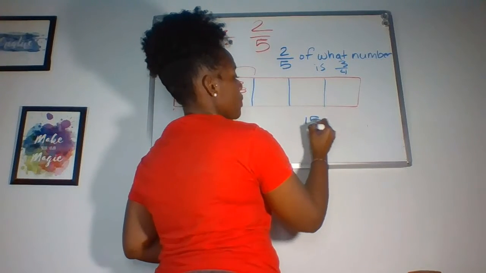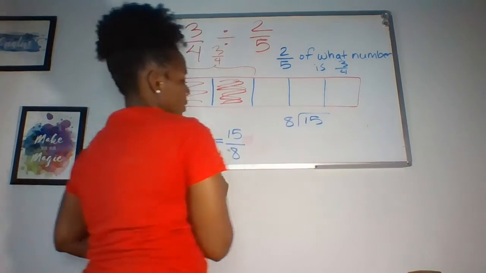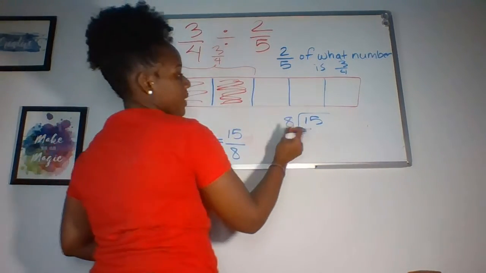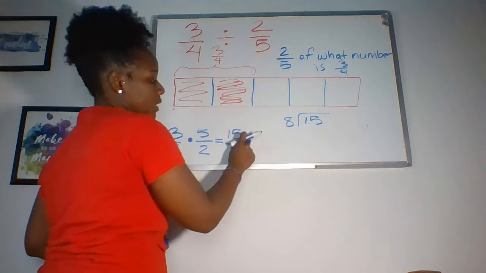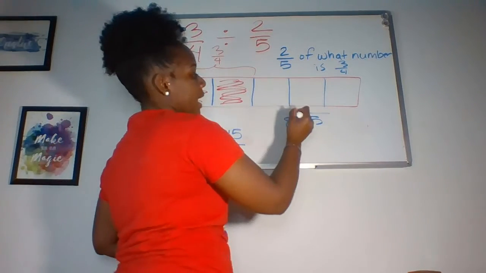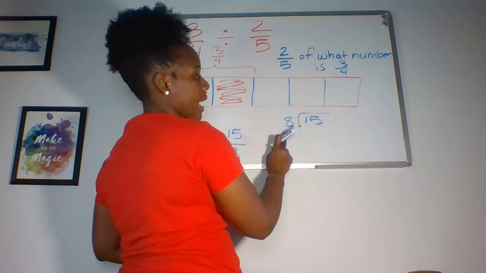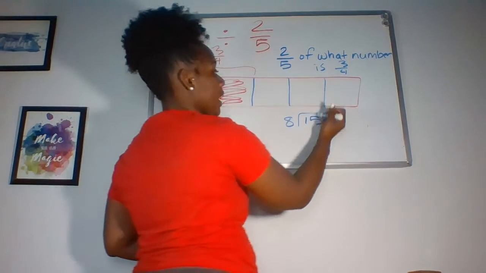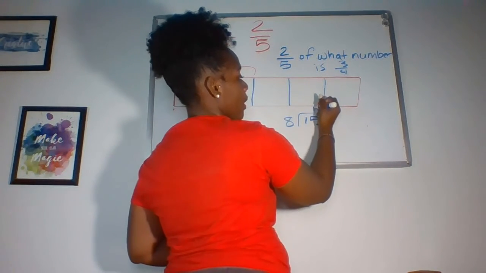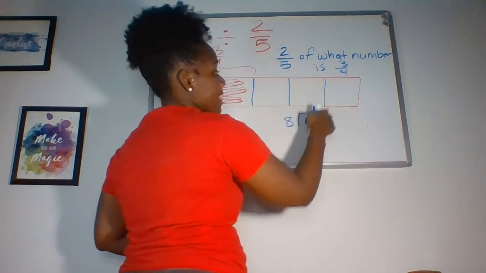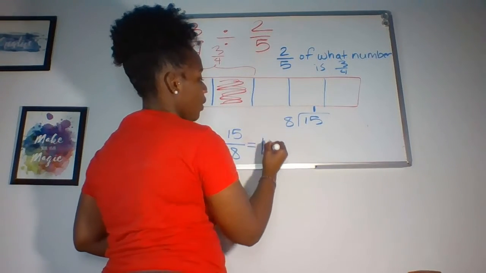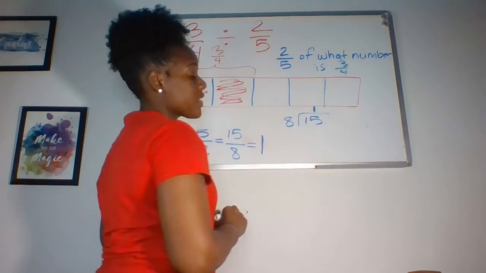How do you take an improper fraction and make it into a mixed number? You take the divisor and put it on the outside. The numerator is your dividend, and you see how many times this divisor can go inside of the dividend. How many times will 8 go into 15? 8 will go into 15 without going over one time. This now is going to serve as your whole number. Your quotient serves as your whole number.